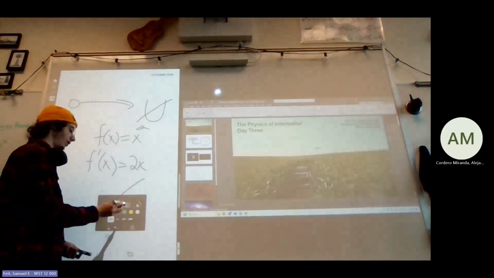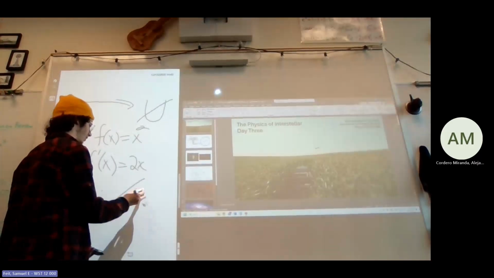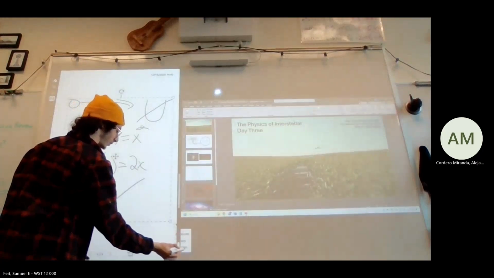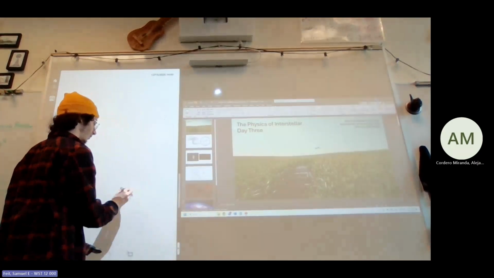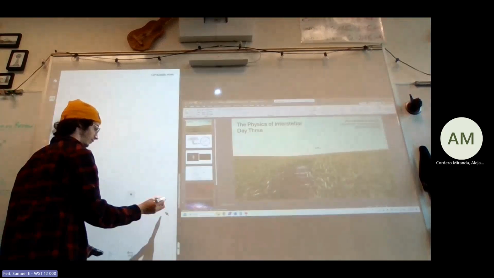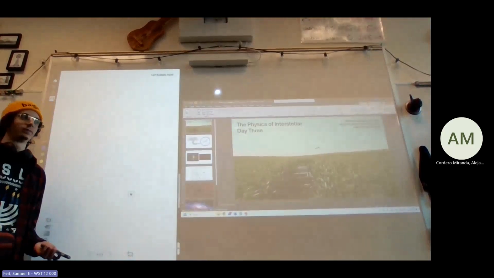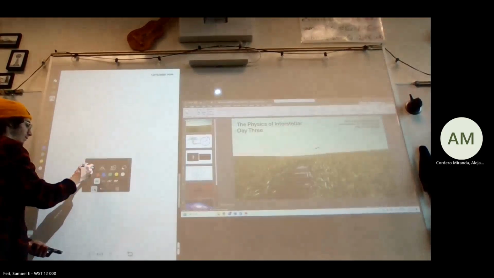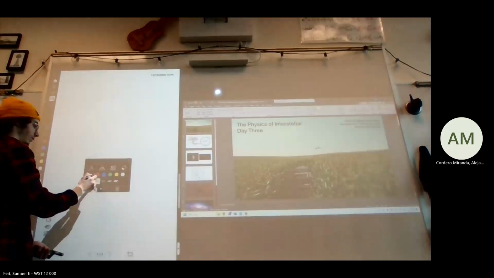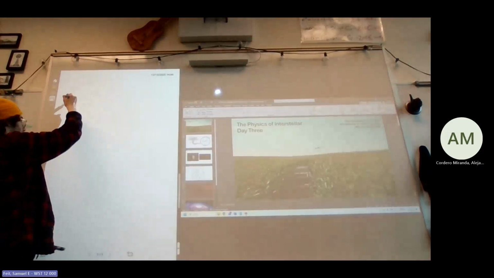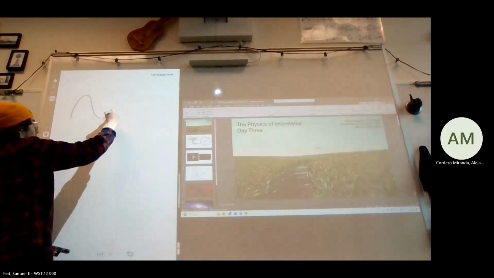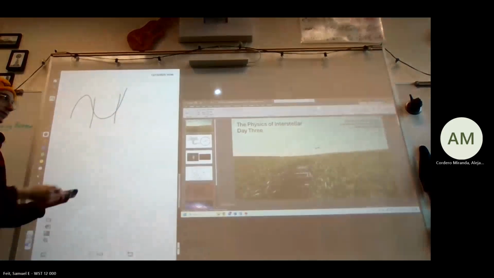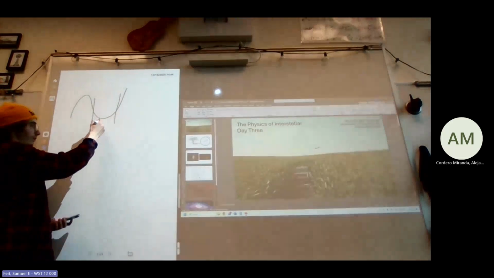So a saddle point is at that flat spot, but it's not where there's a minimum. If you have a curve like this and you want the minimum, you would say here.